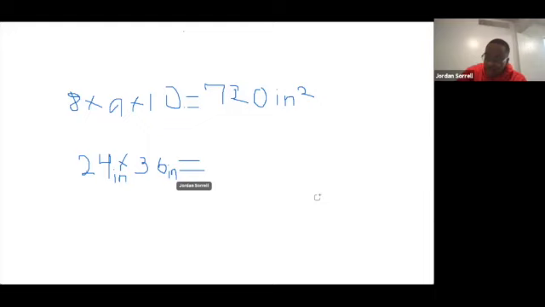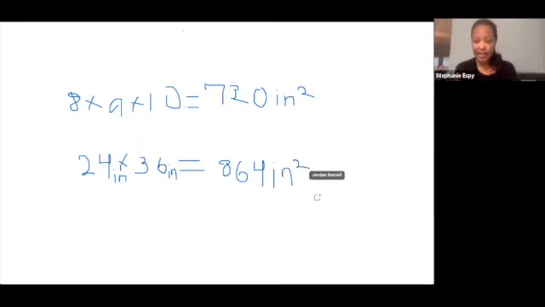And for that I got 864 inches cubed. I mean squared. Okay, so that's an area.